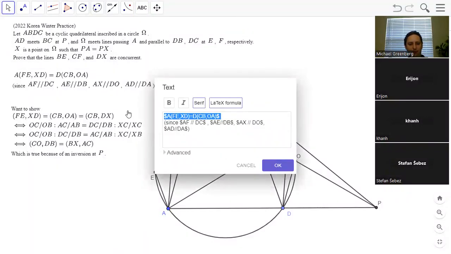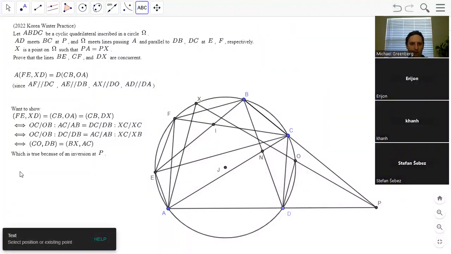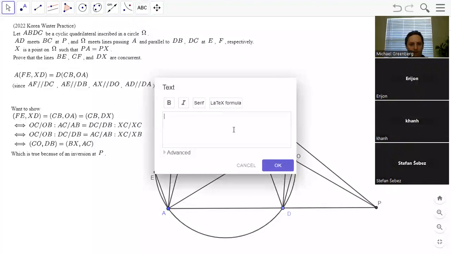All right, so since these are equal by an inversion at I, basically, I'll explain in just a second.